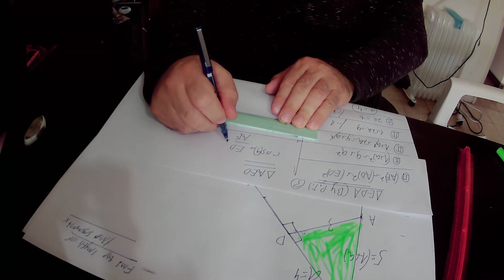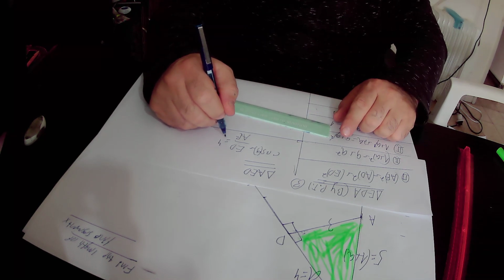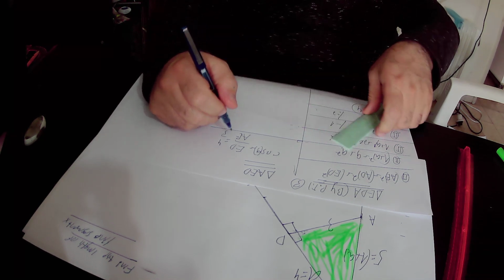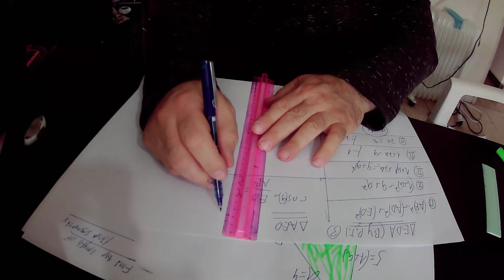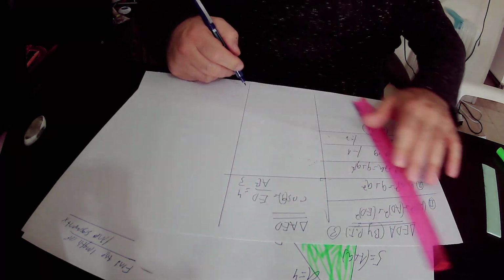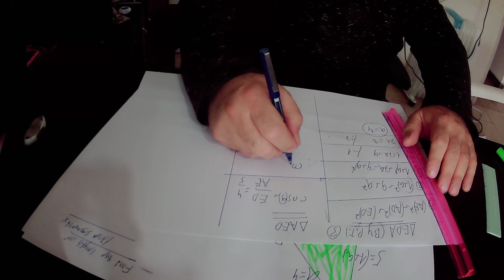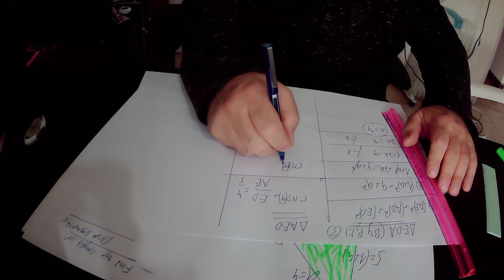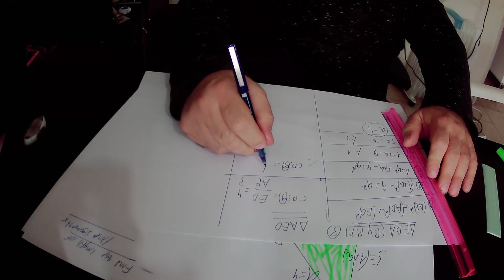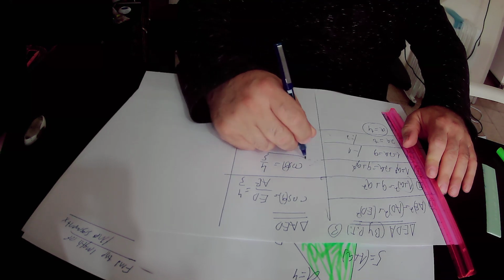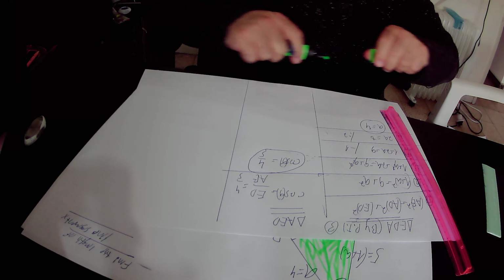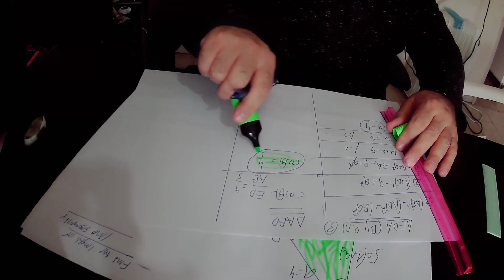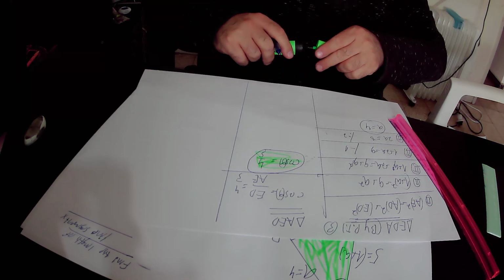ED equals 4 units, AE equals 5 units. So in conclusion, we found out that cosine alpha equals 4 over 5.